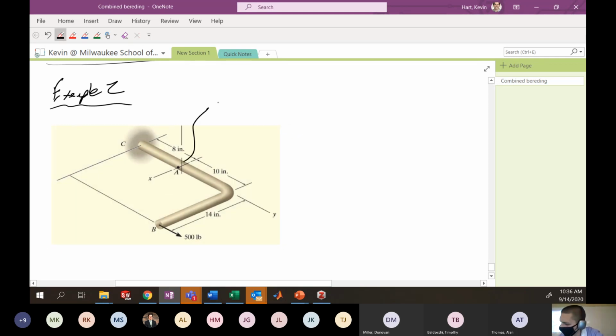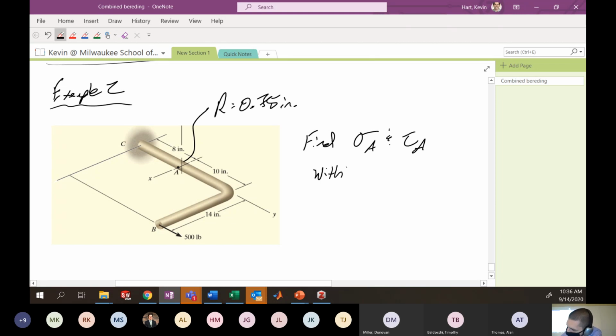But here, the radius is still 0.75 inches, but we have a new force. So we want to go through the same process: find normal stress at A and shear stress at A with a 500-pound load.